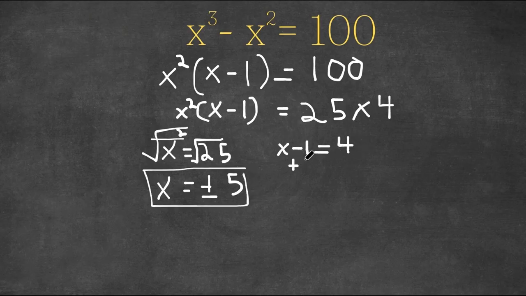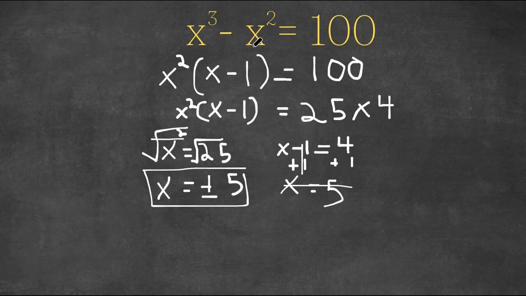Well, we would add 1 on both sides, and if we do that, we get x equals 4 plus 1 is 5. However, as you can see, 5 is already one of our solutions, so this is just unnecessary. We already have this as a solution. So we have x equals 5 and negative 5.